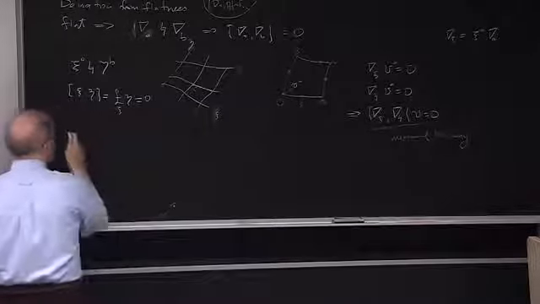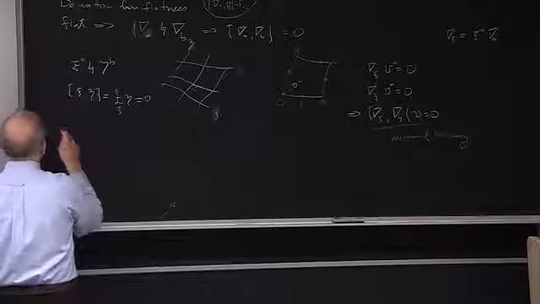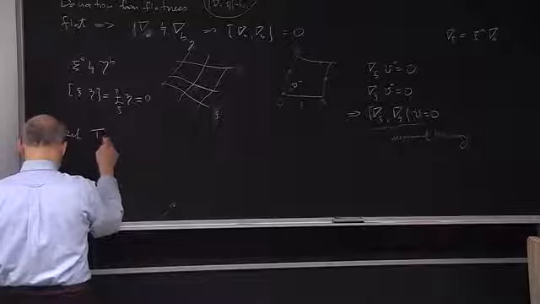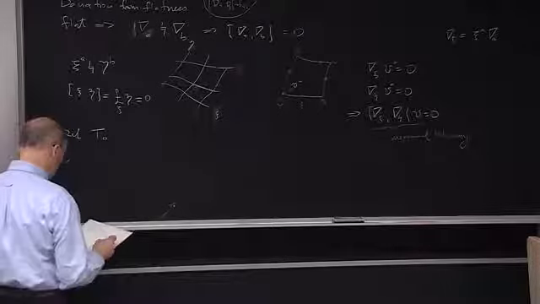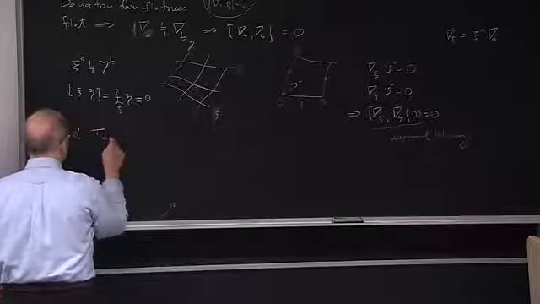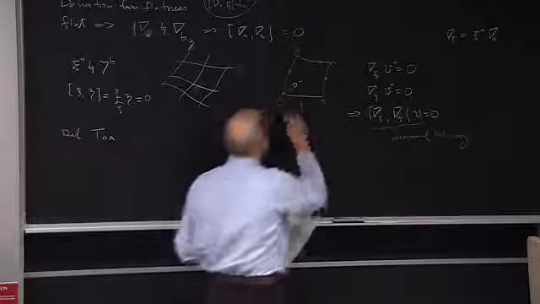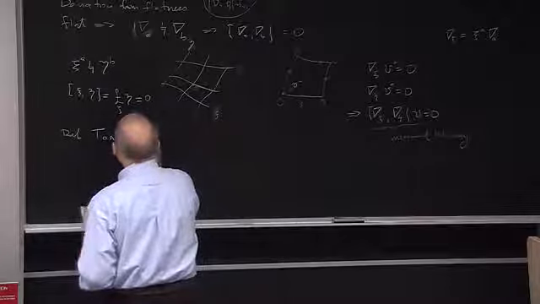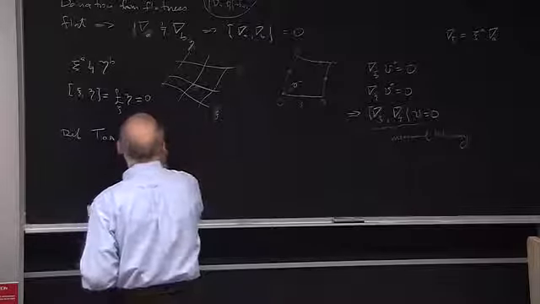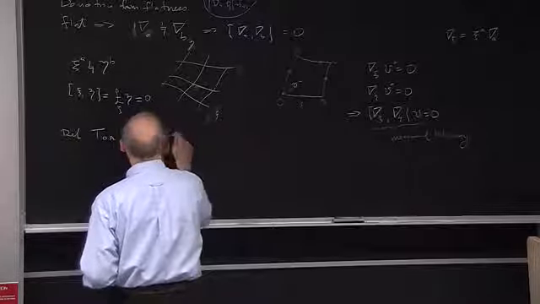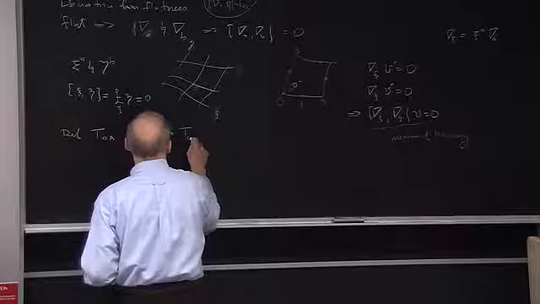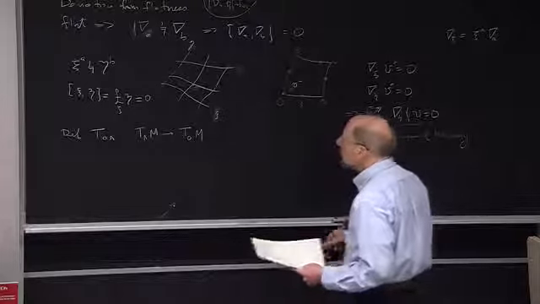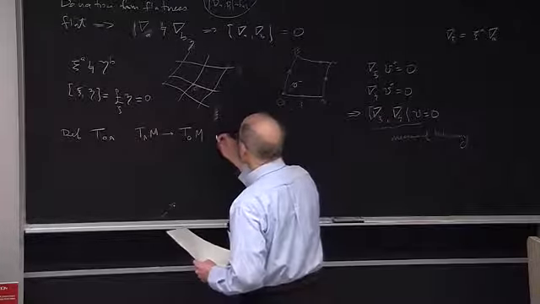So let me just define a couple of things. Define this operator, which I'll call T_O. It's this origin here. T_OA maps the tangent space to the manifold at A to the tangent space to the manifold at O, by parallel transport.